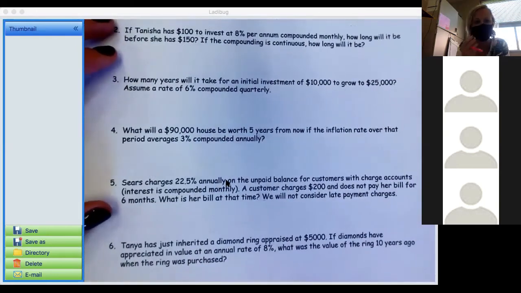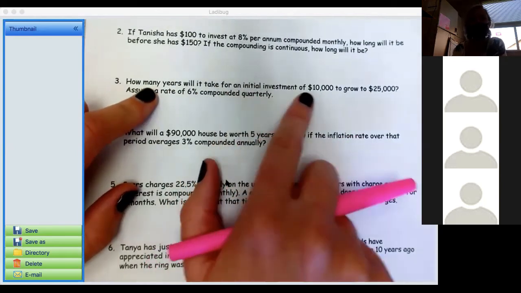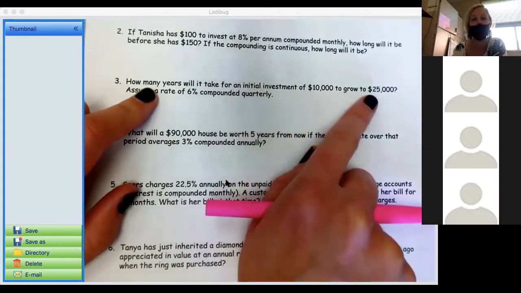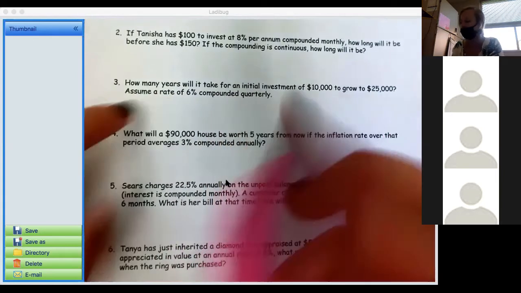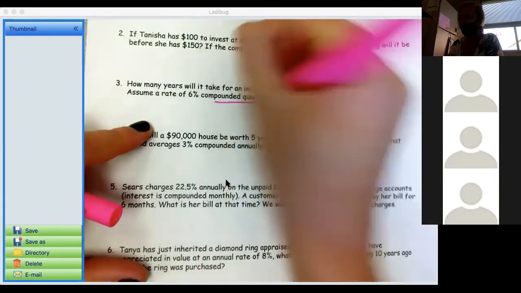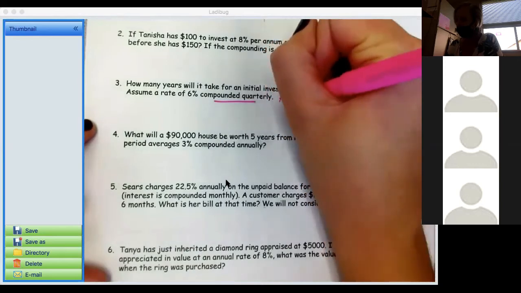Okay, thank you. All right, so number 3, how many years will it take for an initial investment to grow to $25,000? Assume a rate of 6% compounded quarterly. So if it says compounded quarterly, that should tell you you're using this formula.